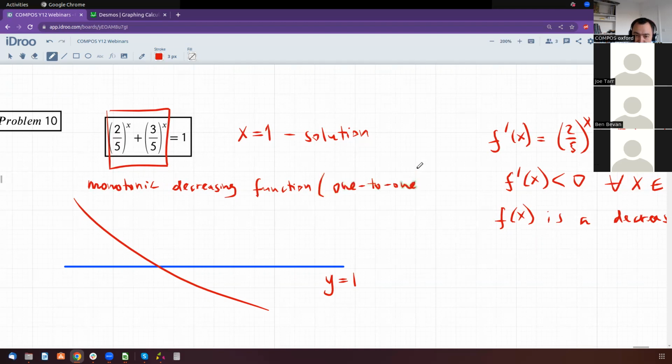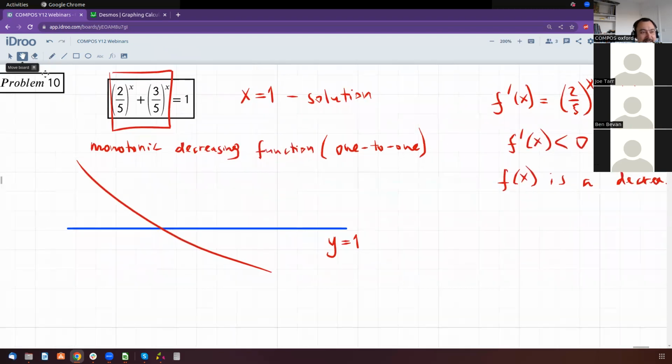It's the same meaning, although not all monotonic functions are one-to-one. It's a monotonic function, therefore, if it has a solution, it is the only solution.